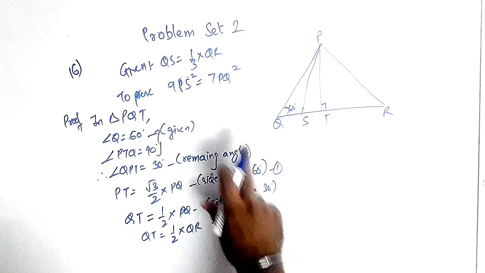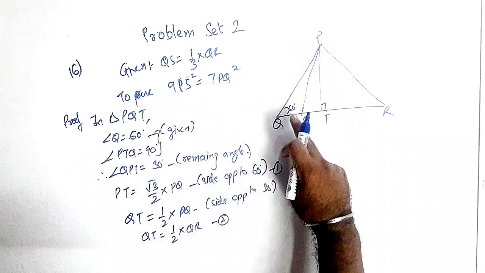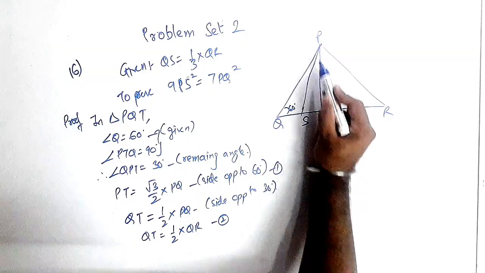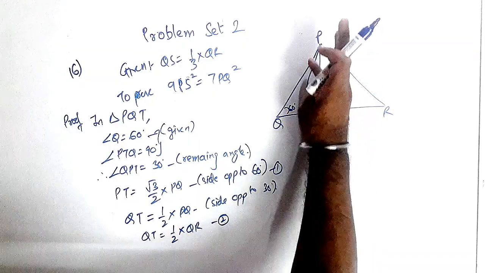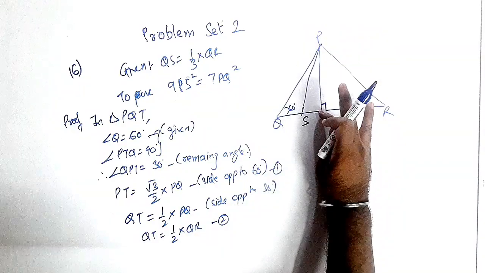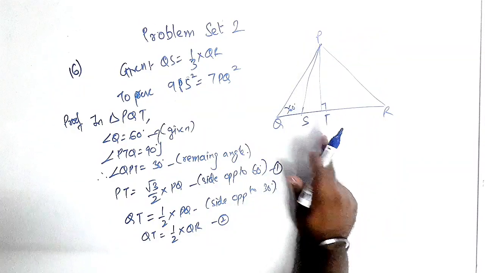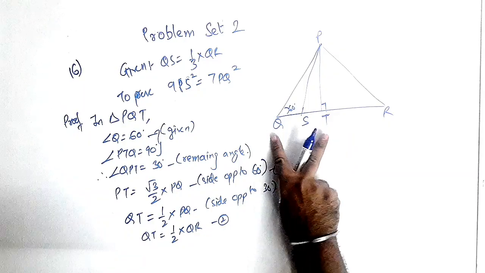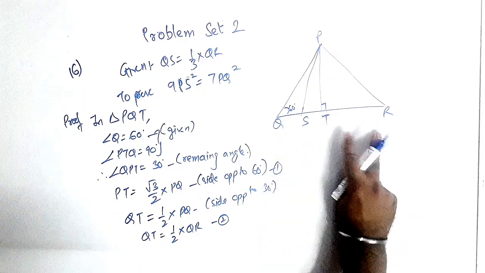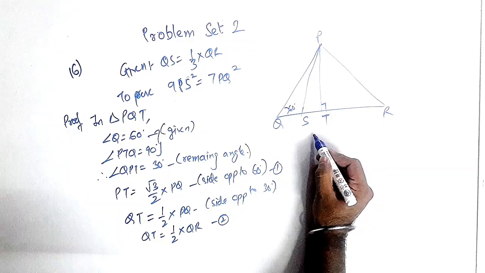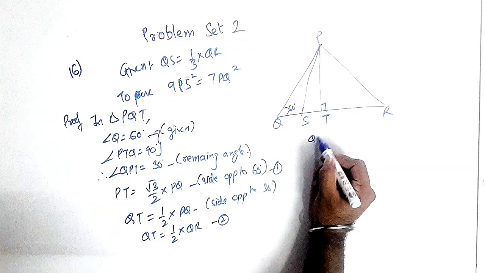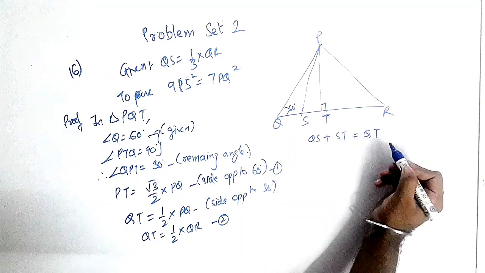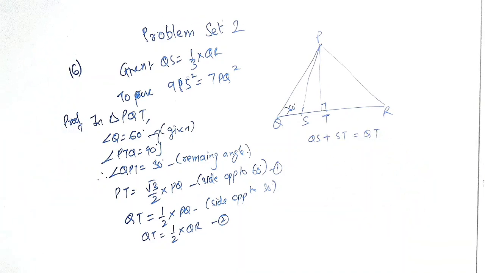Okay, now because we want PS square, so you should know which triangle we will take. PST will take, so we should be having PS, we are having PT, and we should have ST. Let us see what is ST. ST is a part of this QR, yes or no? So see this, QS plus ST is equal to QT, yes or no?